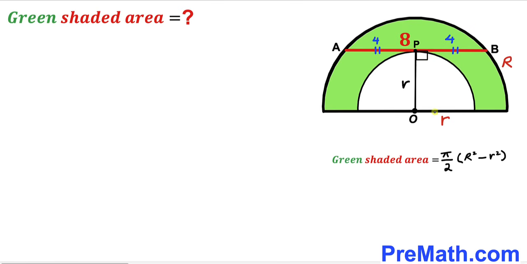In the next step, I'm going to connect this center O with this point B. Now let's make an observation. We can see this OB is the radius of the larger semicircle, which we know is uppercase R. So I'm going to write this as uppercase R radius.